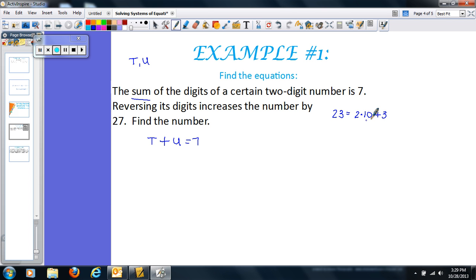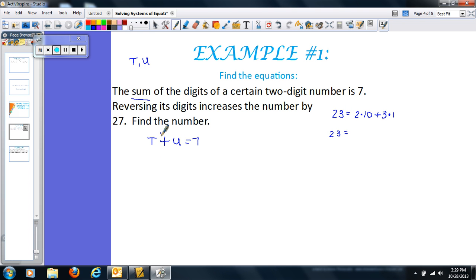The tens place is worth 10, the units place is worth 1, so we could even write times 1 if you want. That means 23 equals 20 plus 3, which is 23. So it's whatever this number is times 10 plus whatever this number is.